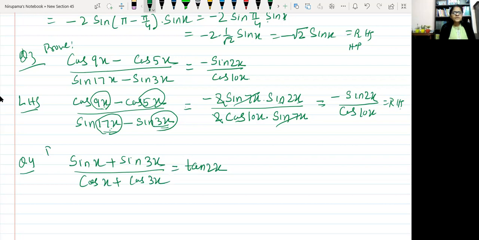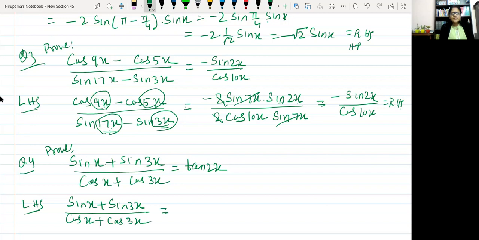Okay, so the question is prove this. Again, you can take LHS. So numerator is sin x plus sin 3x. Denominator is cos x plus cos 3x.